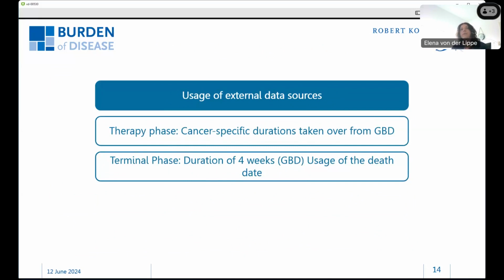And we also used the terminal phase, also predetermined by the GBD, where for each cancer the 4 weeks before the death date were considered as the period in which the patient was in the terminal phase, and this we applied also to our data.